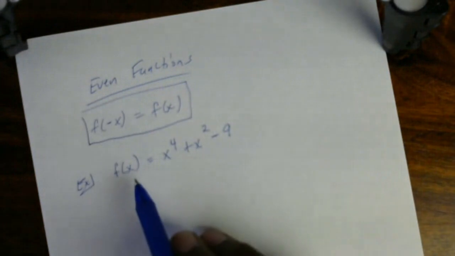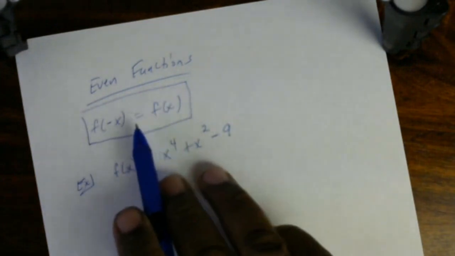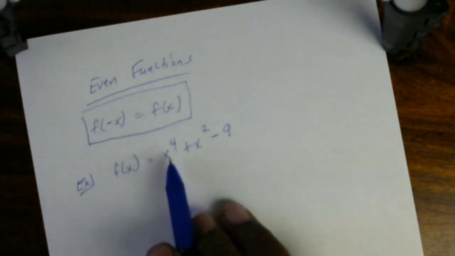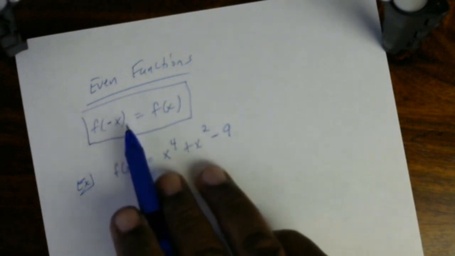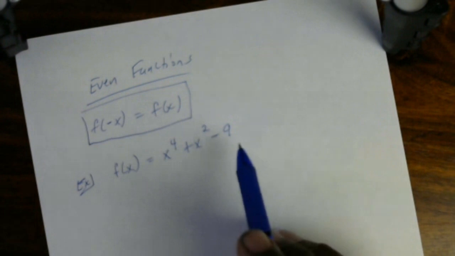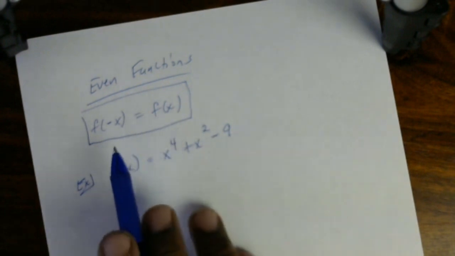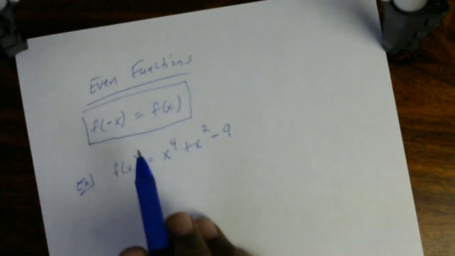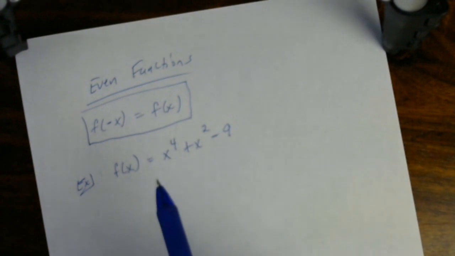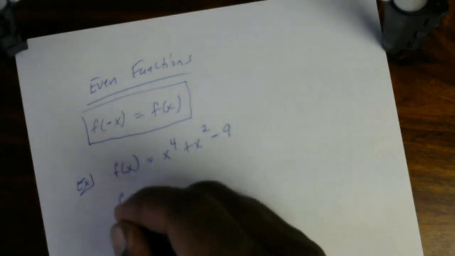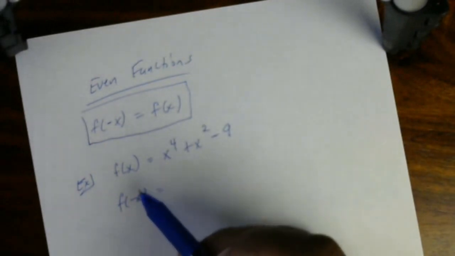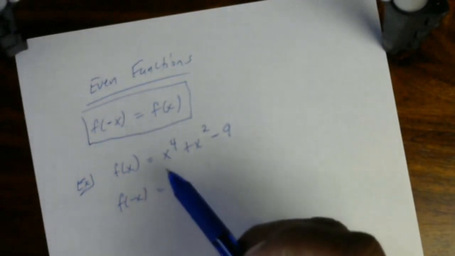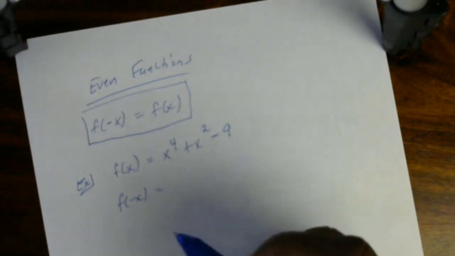Okay. So this says that f of x, which we have, x to the 4th plus x squared minus 9, if that's equal to f of negative x, then my function is even. So how do I find f of negative x? Well, I'm going to go back to my f of x function, and wherever I see an x, I'm going to substitute it with negative x.